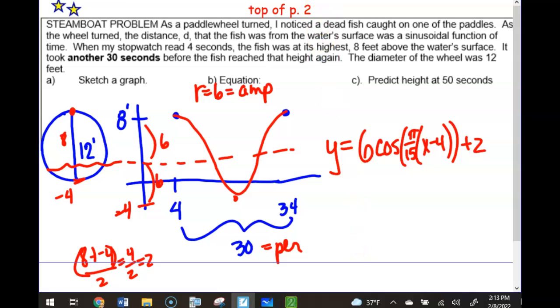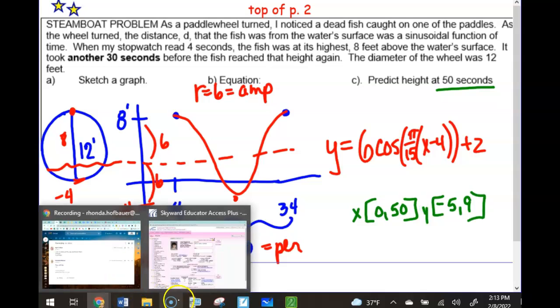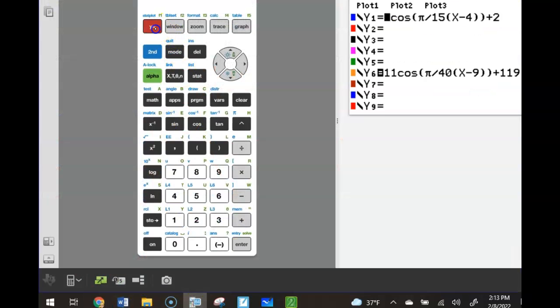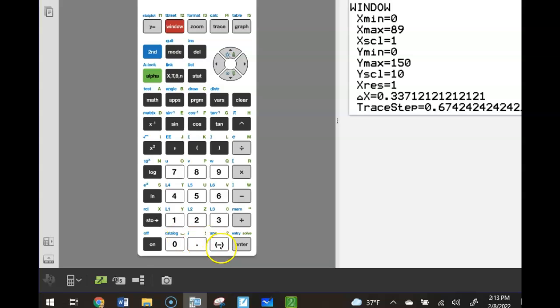Okay, I need to change my window a little bit. I'm supposed to go out to 50 seconds. But what about up and down? Okay, so I'm going to go back here, and I'm going to turn on this equation. And I'm going to go down here and say -5 to 9.